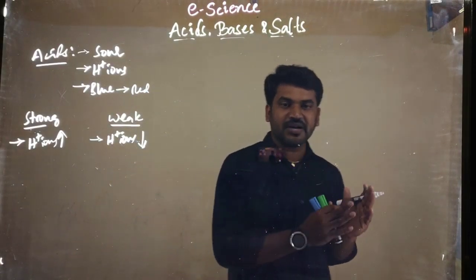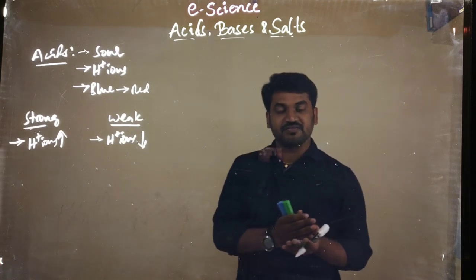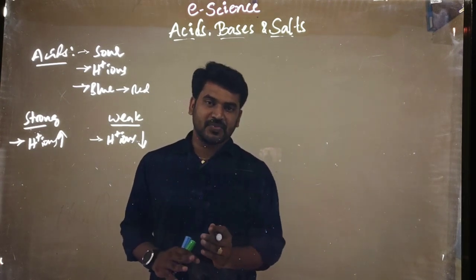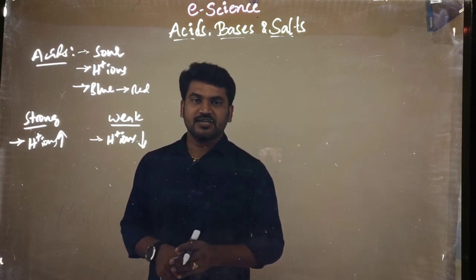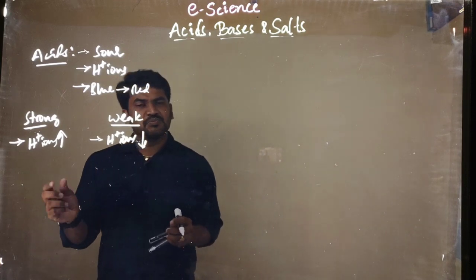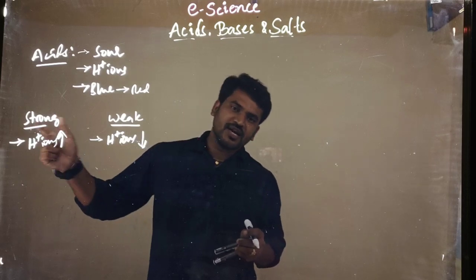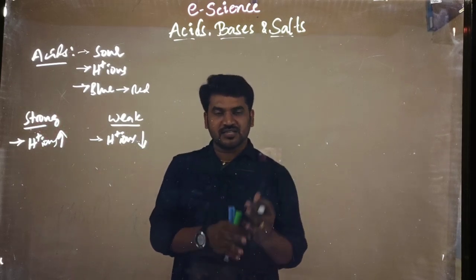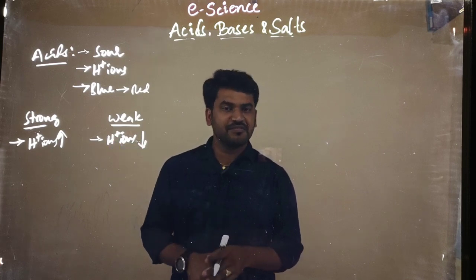If you take the same amount of different acids, and one acid contains more H plus ions, that acid is said to be a strong acid. If another acid contains fewer ions, we call it a weak acid.